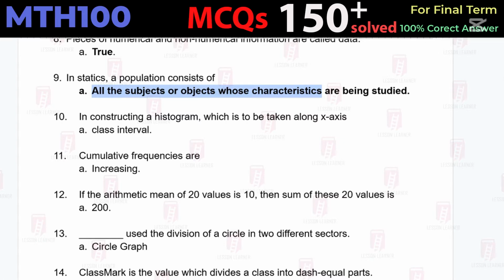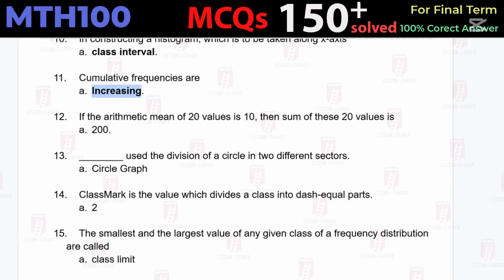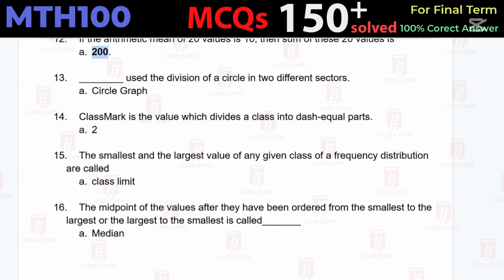In constructing a histogram, which is to be taken along the x-axis? Its class interval. The cumulative frequencies are increasing. If the arithmetic mean of 20 values is 10, then the sum of these 20 values is 200.